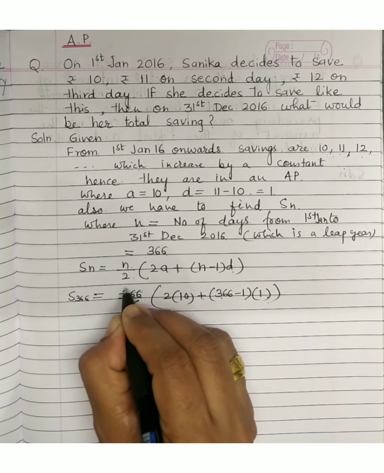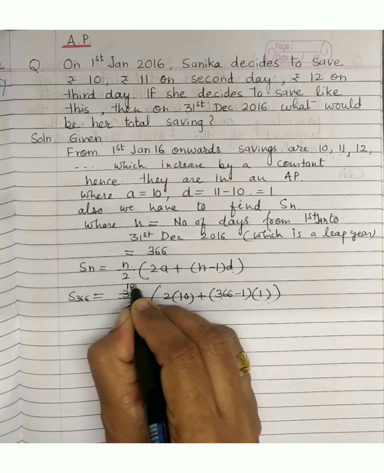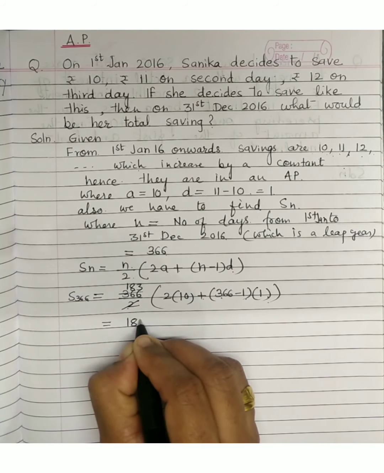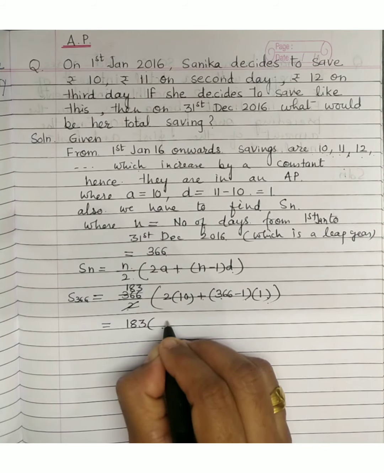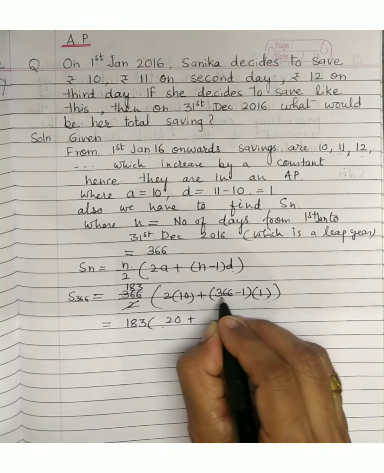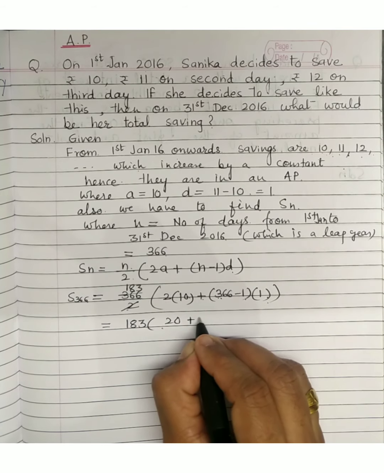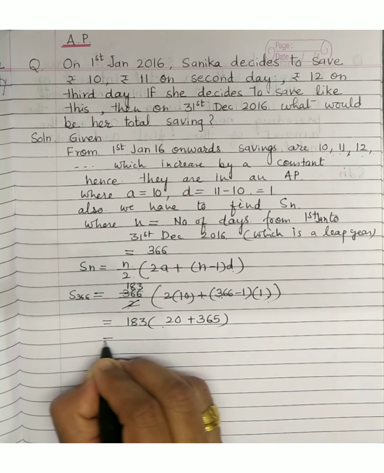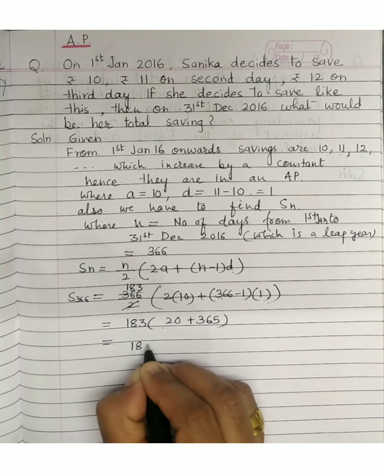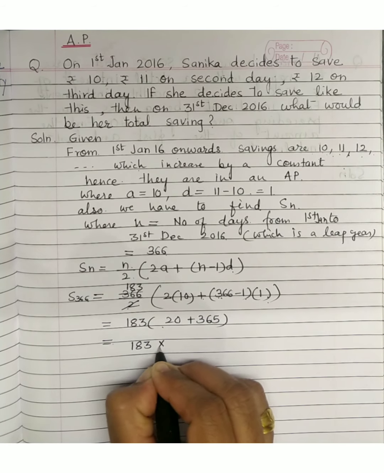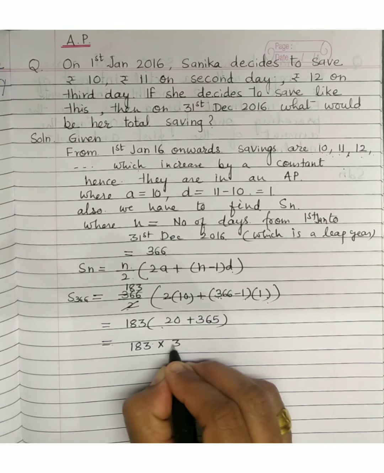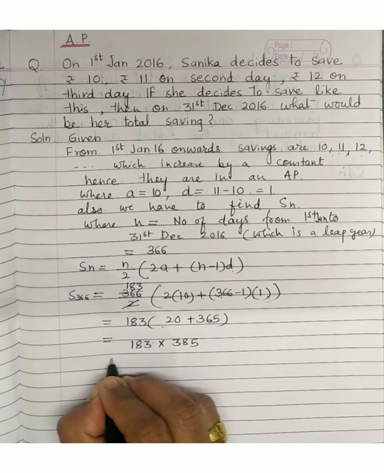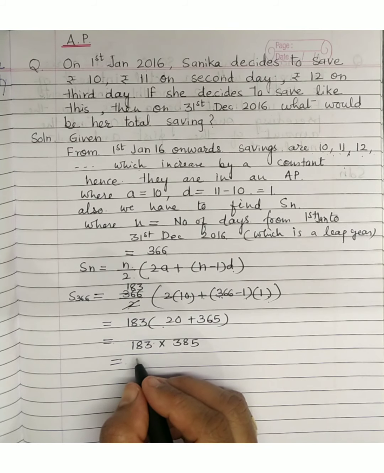Simplify this. 2 1s are 2, 2 3s are 6... 183. 2 10s are 20 plus 366 minus 1, that is what? 365. That comes as 183 multiplied by this, simply you add, this comes as 385. Multiply and find the product.